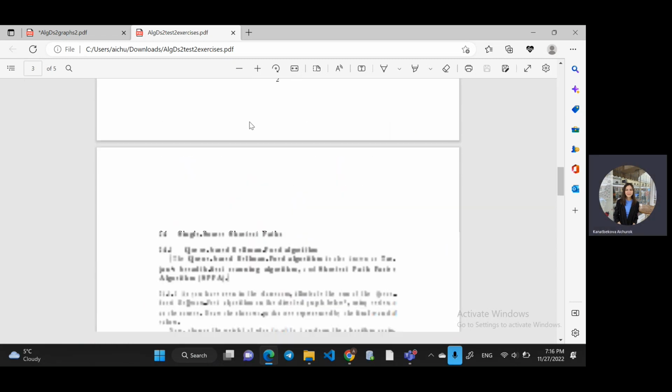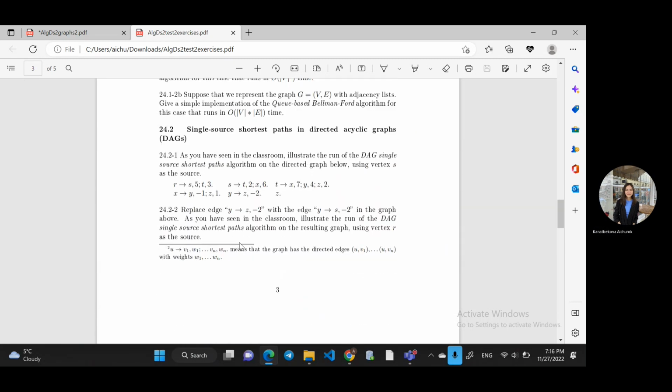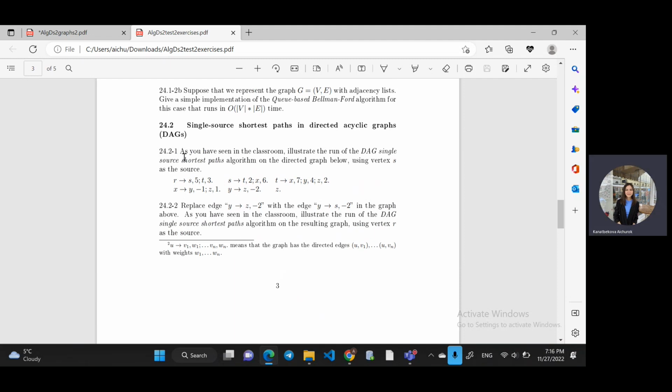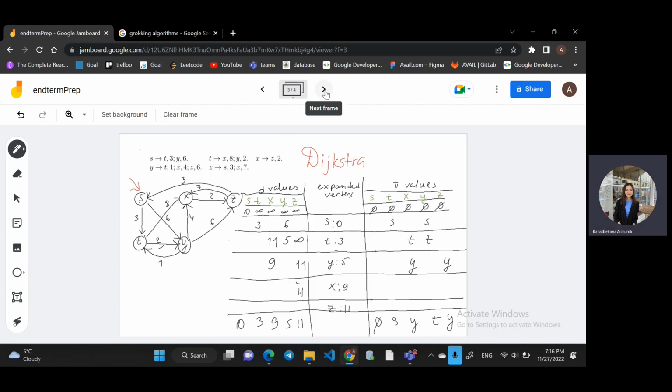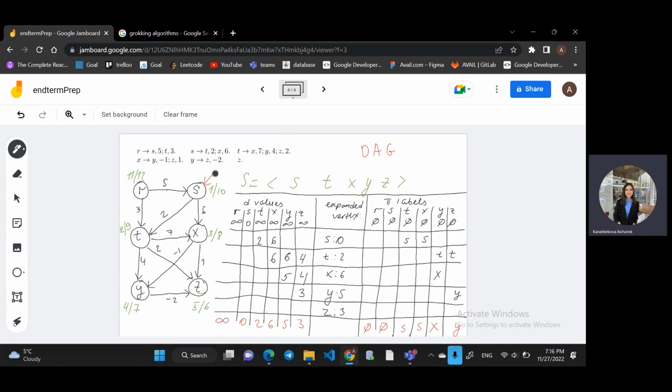So we have this graph, and we need to run a single source shortest path algorithm on it. The source vertex of this graph is going to be S. As you can see, this graph can have negative weights, and this algorithm can handle negative weights, unlike Dijkstra.